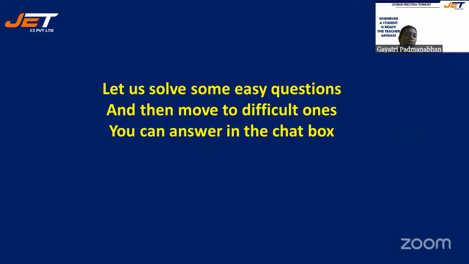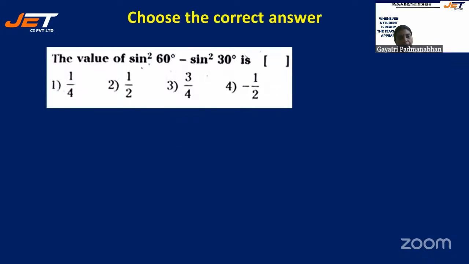Now let us solve some easy questions and then move to difficult ones. You can answer in the chat box. You can see the value of sine square 60 degree minus sine square 30 degree is dash.